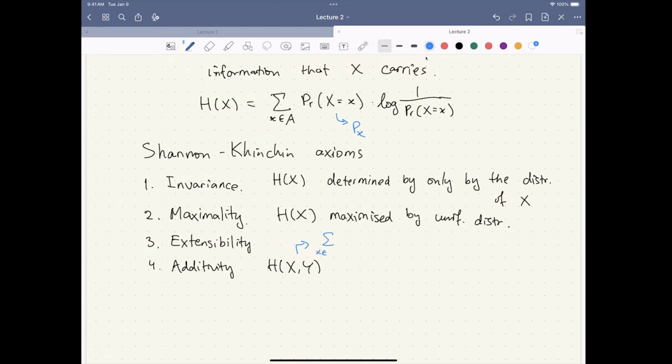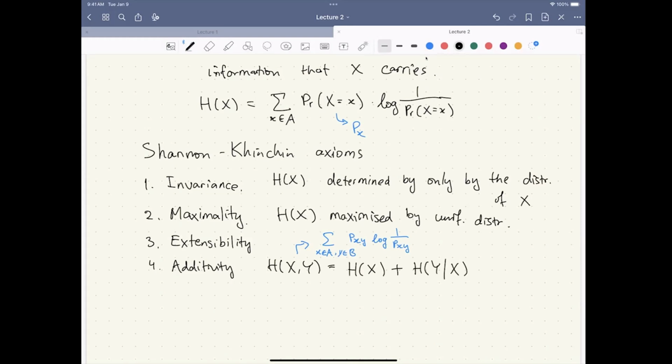You have x in A, y in B, then this will be the sum of p(x,y) log 1 over p(x,y), where p(x,y) means the probability that X takes value x and Y takes value y. So this is the joint information that X and Y together give us. This joint information will be the same as the information we get from X, and then the information we get from Y on top of X.